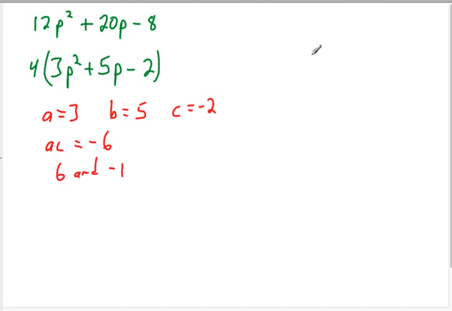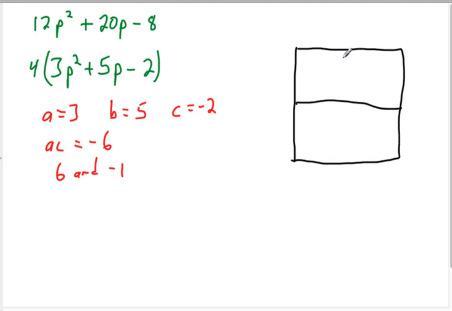So keep in mind that 4 is still out there. I'll show you what we'll do with it at the end. Alright, so our box should have a 3p squared here. Should have a negative 2 here, and then since it's p, so 6p and a negative 1p. We don't have to put the 1.